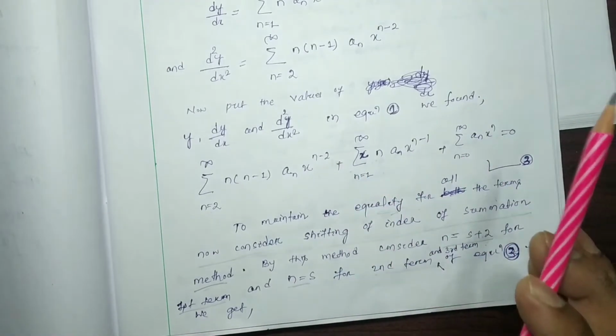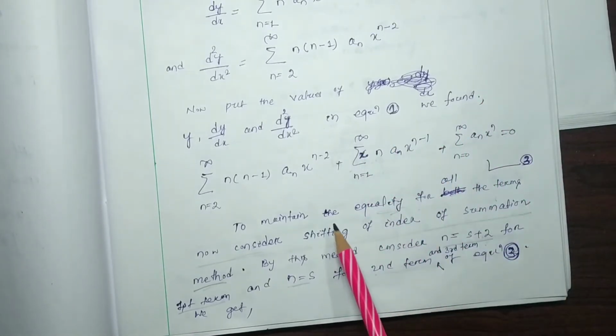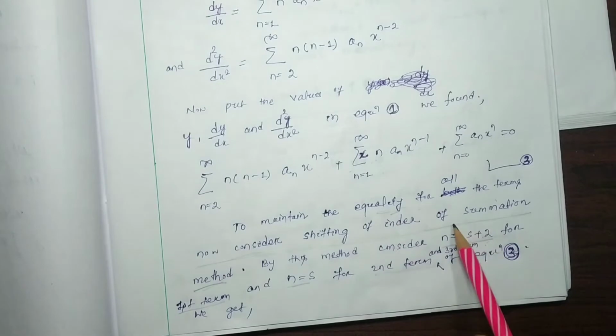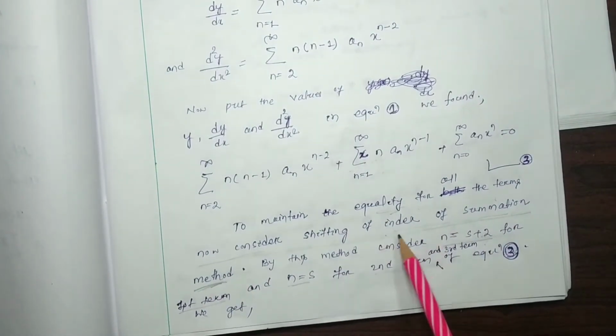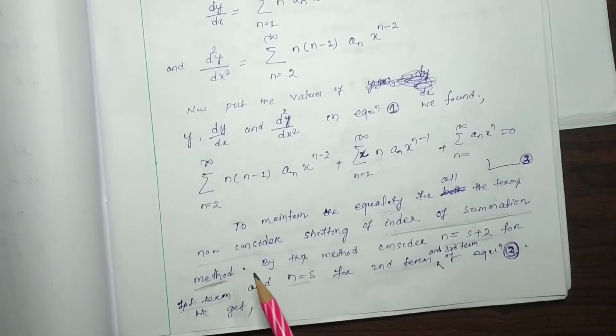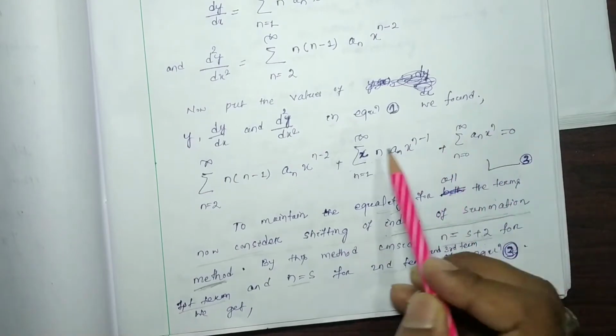Okay, so the main motivation, or the main objective of the index of summation method, is to maintain the equal power of x in all the terms.